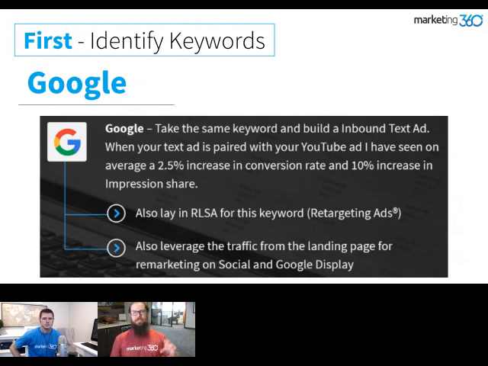Retargeting lists for search ads is a great way to reach people if they are back and searching, maybe a little further down that funnel, right? At first they were just doing their research, looking into what is Facebook advertising. Now they're diving in a little more: best agency for Facebook advertising. Now they're going to search a little bit more. In this case, Marketing 360 Facebook advertising reviews, something like that.